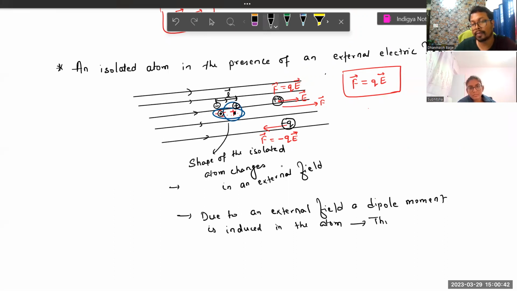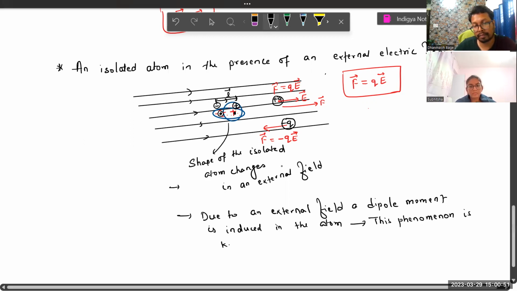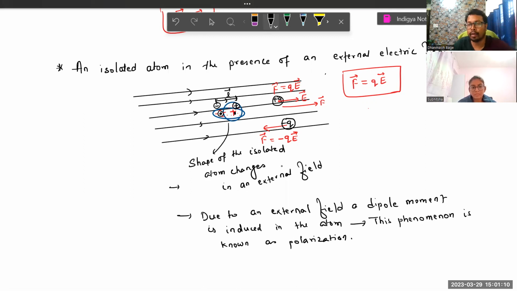This phenomenon is known as polarization. Polarization means inducing a dipole moment on individual atoms is called polarization. In electricity, it is electric polarization. There is an optical polarization concept also, but that is a different concept. This is electric polarization. Polarization means simply you're inducing a dipole moment, which was not there before, right?